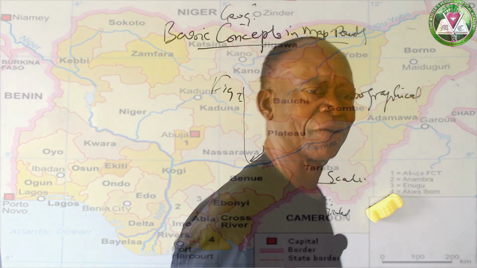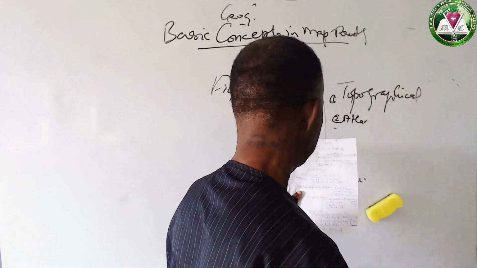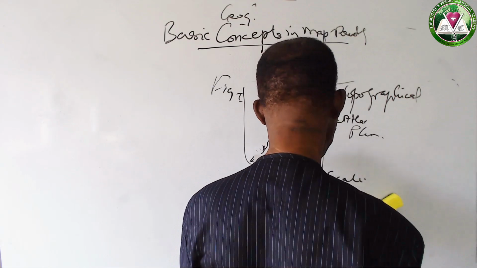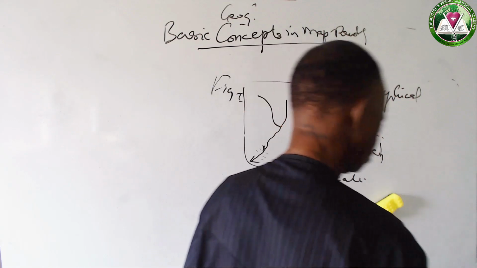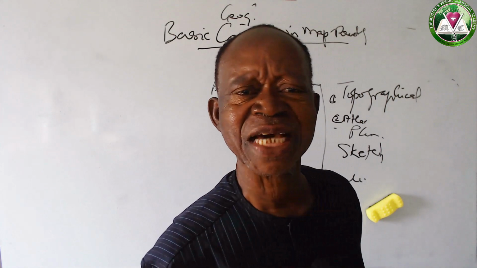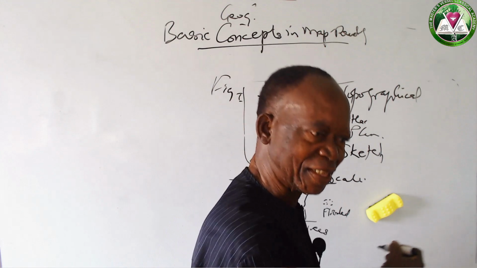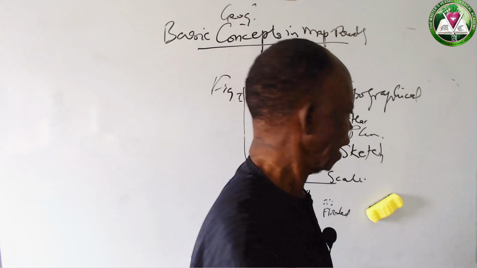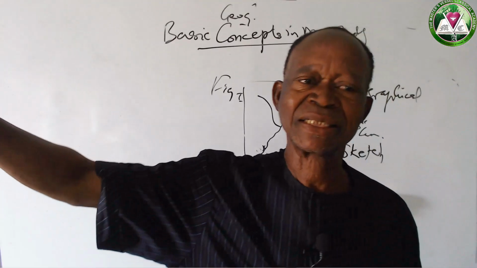Another type of map we have is the atlas, which many of you have. We have so many of them, the plan, which we normally use, and the sketch map. Many of these things are based on scales, because what is written here, both the size and the nature, is not what obtains in the field, that is, on land level.